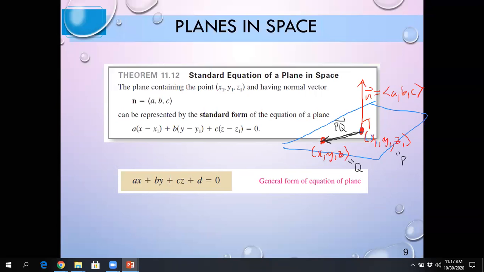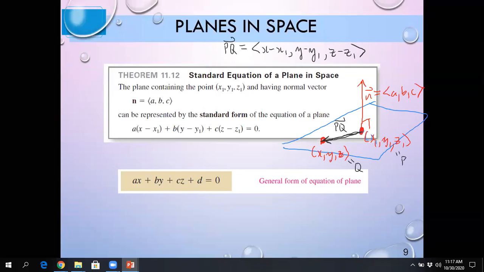If it ends at x and it begins at x1, what is the x coordinate of the vector PQ? x minus x1. That's how much x movement has happened. What about y movement? y minus y1, z minus z1.